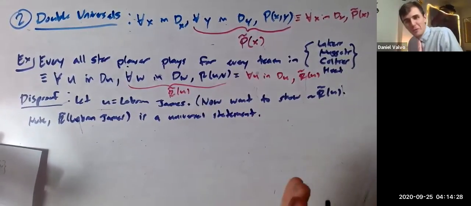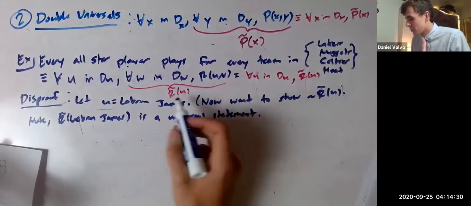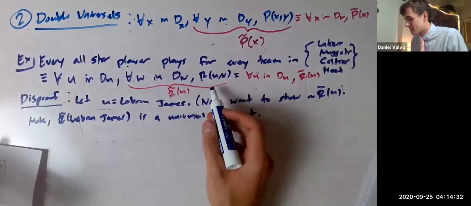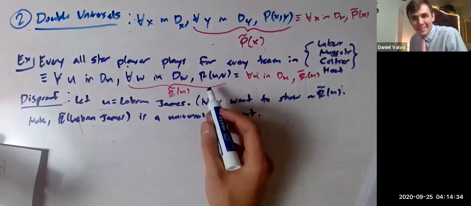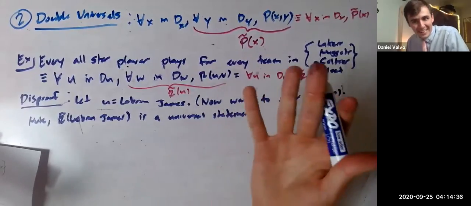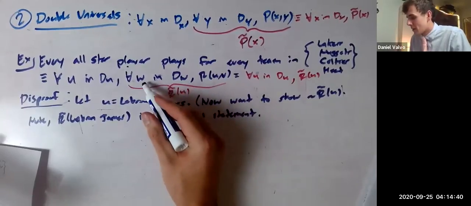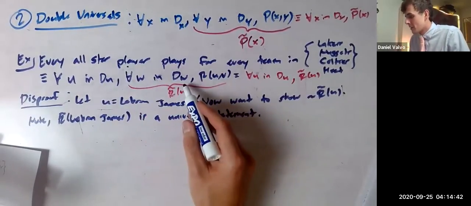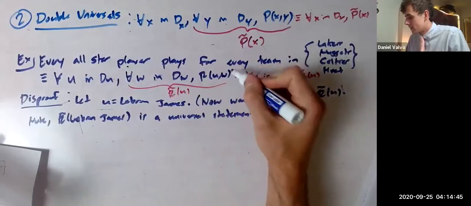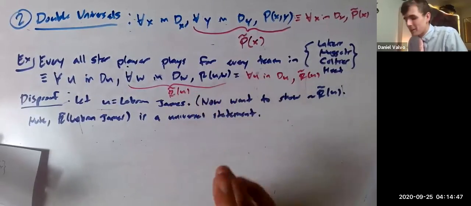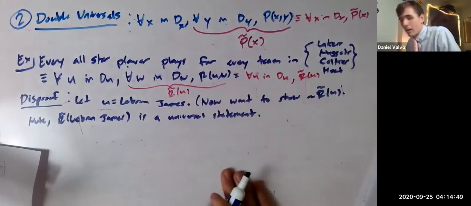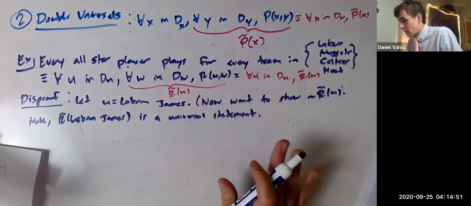So to prove this false when you plug in LeBron James, how do you prove false a universal statement? Counterexample again. So to prove this false, we have to find a counterexample of a W in DW that makes R of VW false.